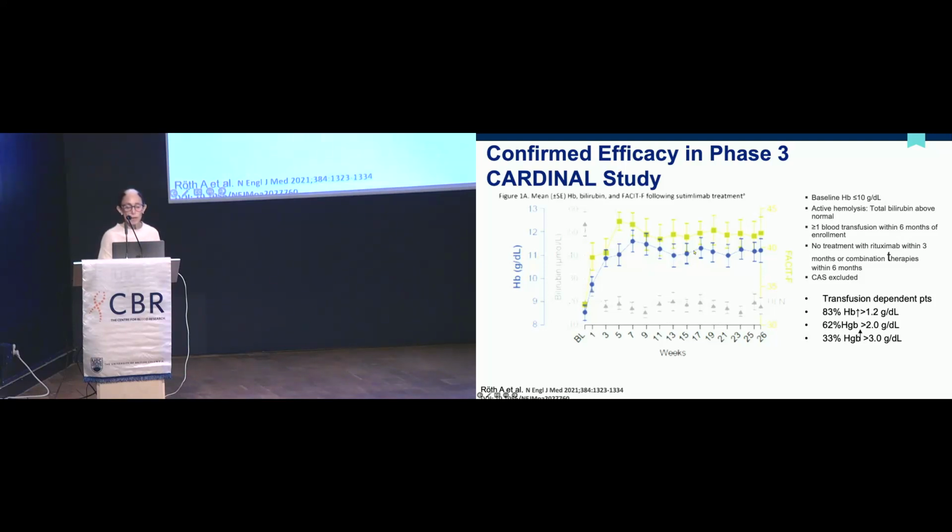And you could see that the hemoglobins went up in transfusion-dependent patients. 83% went up more than 1.2 grams. 62% went up more than 2 grams, and a third of the patients had a 3-gram increase in their hemoglobins. So highly successful in stopping complement-mediated hemolysis.